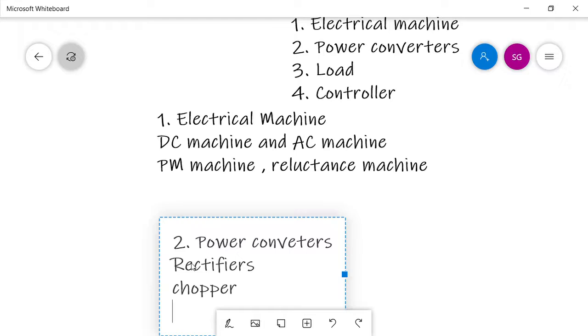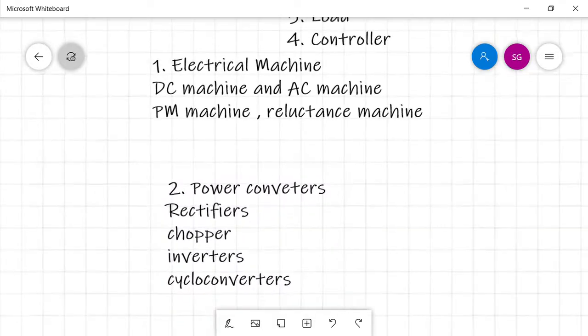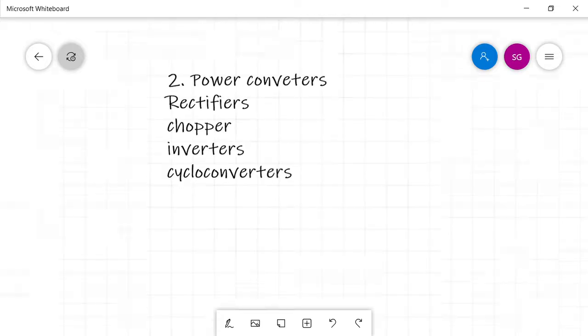Next, inverters, or cycloconverters. These are basically the types of power converters which we use in electric drives. And the role of these power converters is to vary the voltage and current that is being supplied to our machine.